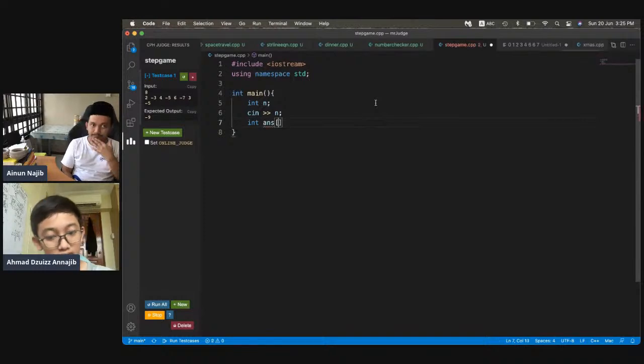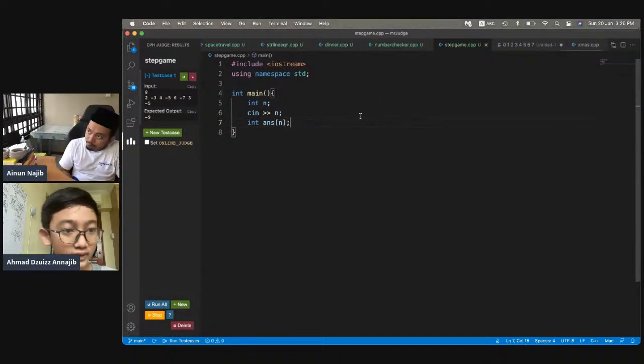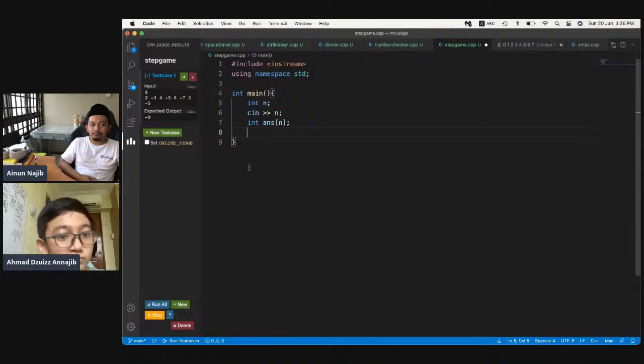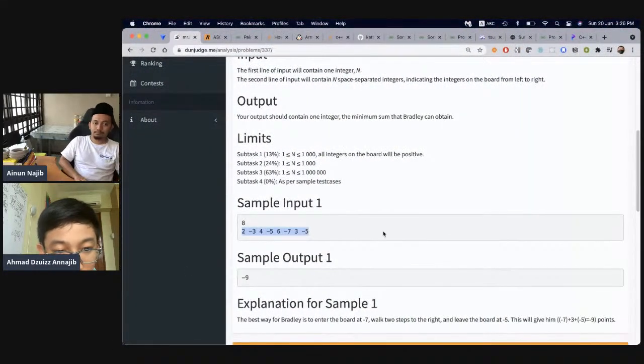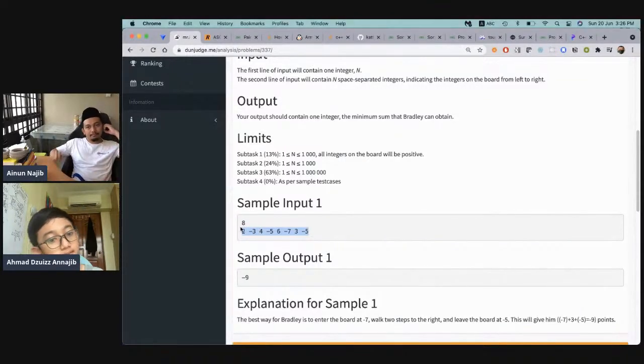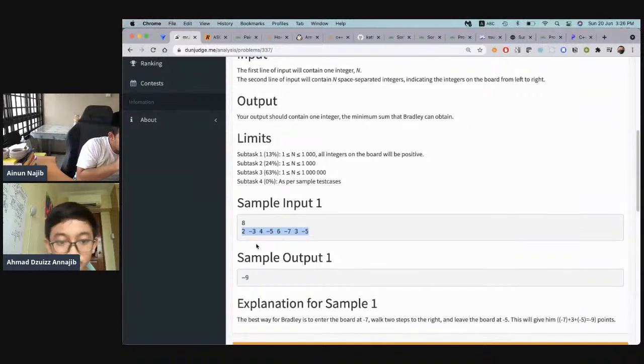And then we input and we get the previous one.